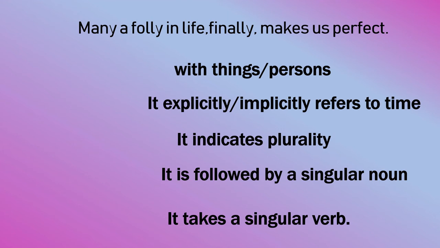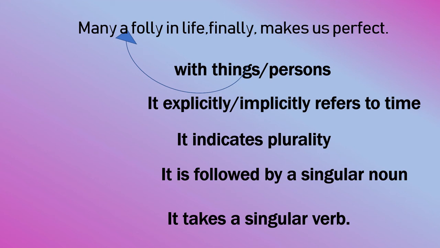The first characteristic, with things or persons, is satisfied when we see that the word folly, or the phrase a folly together, in a sense comes under the category of things. Even though it's not a concrete thing, we cannot touch it or see it, it's an abstract idea. So in a sense we can bring it into the category of things. Hence the first characteristic is okay.